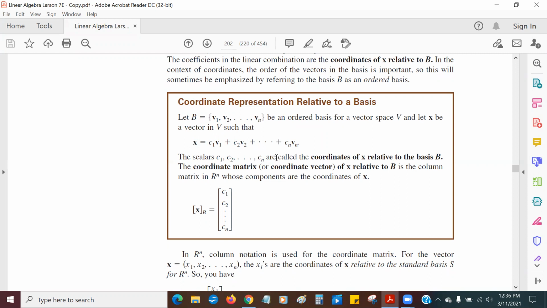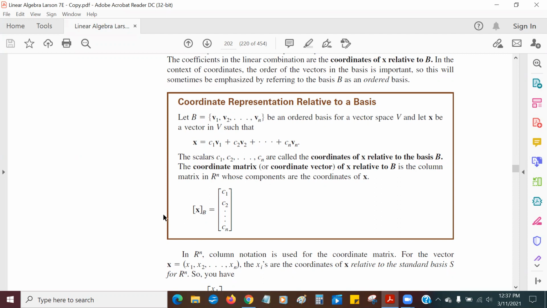The scalars c1, c2, up to cn, in that order, are called the coordinates of x relative to the basis b. And there's something we call the coordinate matrix, which is the coordinate vector of x relative to b, the column matrix whose components are the coordinates of x: c1, c2, down the line all the way to cn.